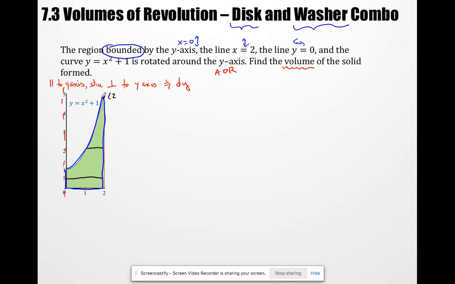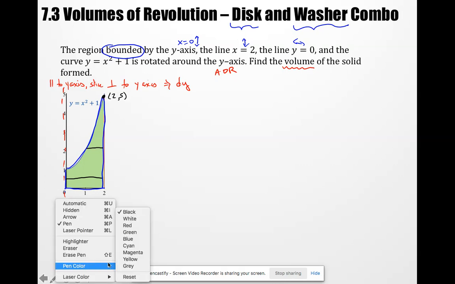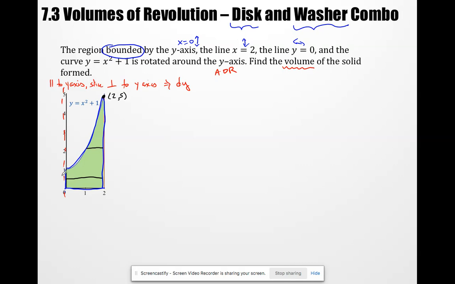The intersection between the boundary x equals 2 and the curve x squared plus 1 is 2 squared plus 1, which is 5. So I need to do two problems, right? I'm going to reflect this across, draw the reflection across the axis of rotation.